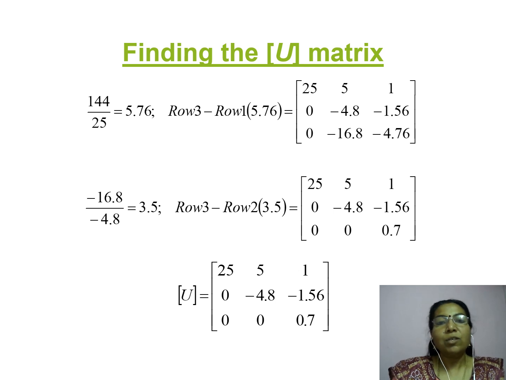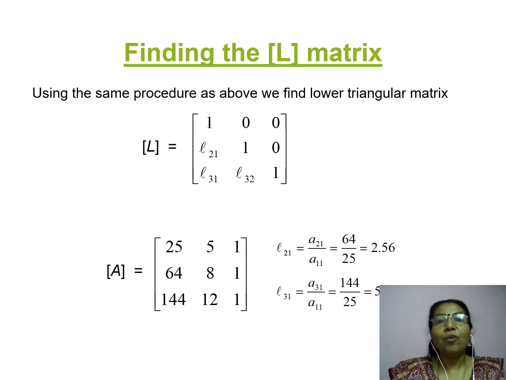So row 3 minus row 1 times 5.76 gives this matrix. And then minus 16.8 divided by minus 4.8 is equal to 3.5. So row 3 minus row 2 times 3.5 gives the above matrix. So this is the upper triangular matrix, given by 25, 5, 1, 0, minus 4.8, minus 1.56, 0, 0, 0.7.